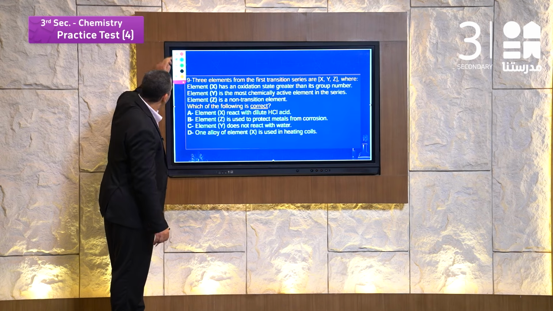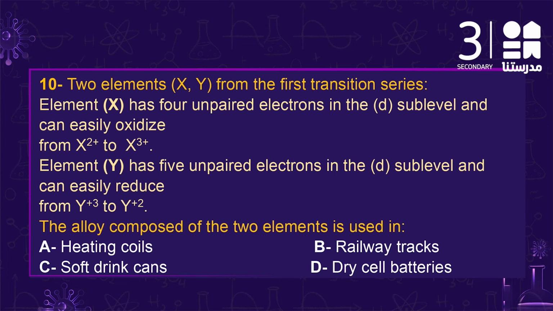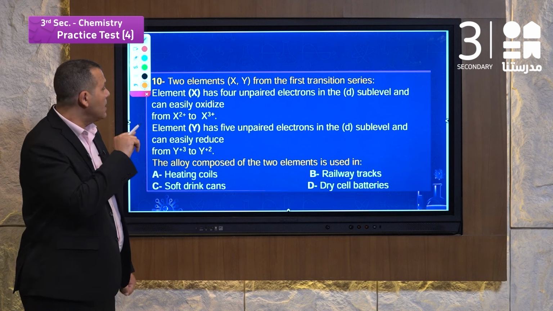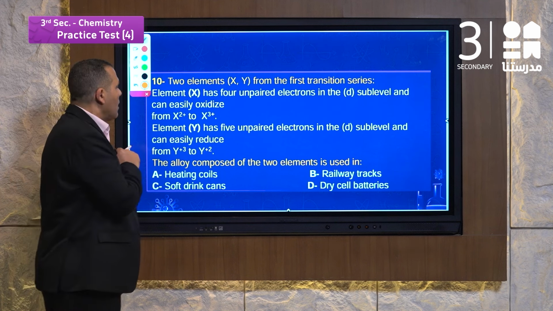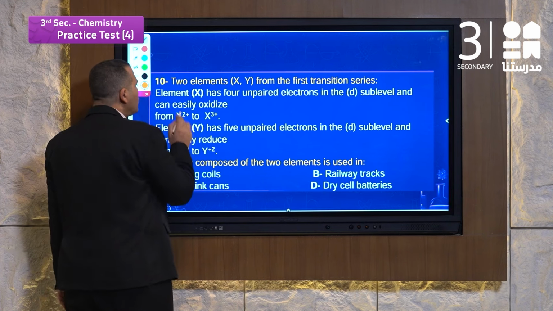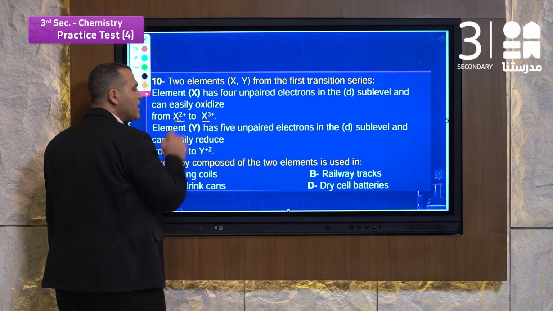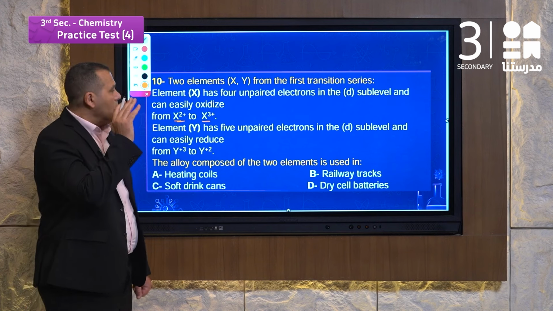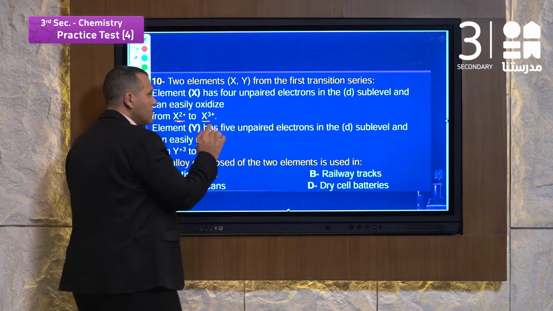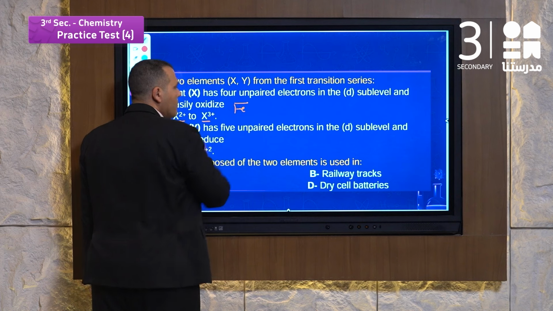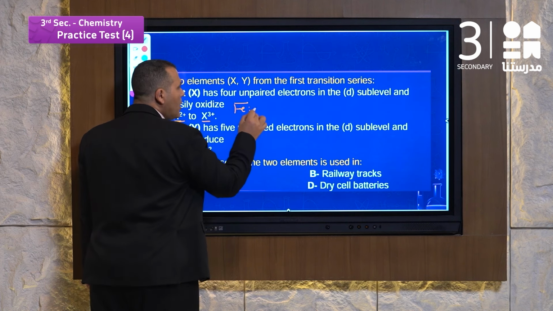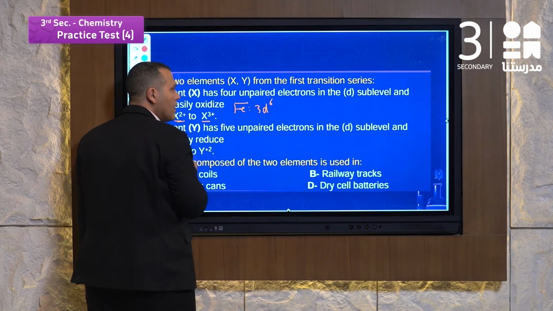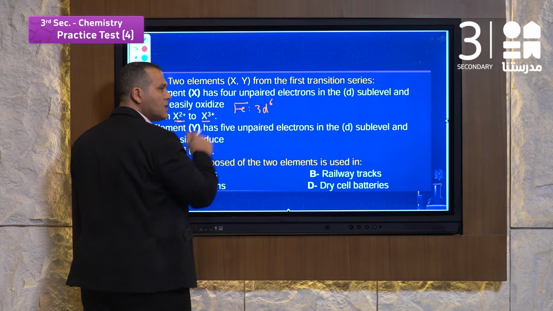The next question. Two elements X and Y from the first transition series. Element X has 4 unpaired electrons in the d sublevel and is easily oxidized from positive 2 to positive 3. We all memorized this: iron in its elementary state ends with 3d6, so it contains 4 unpaired electrons in the d sublevel.